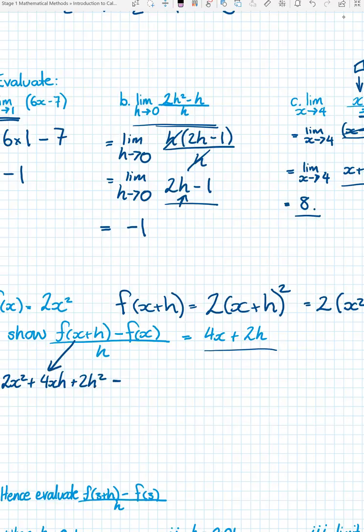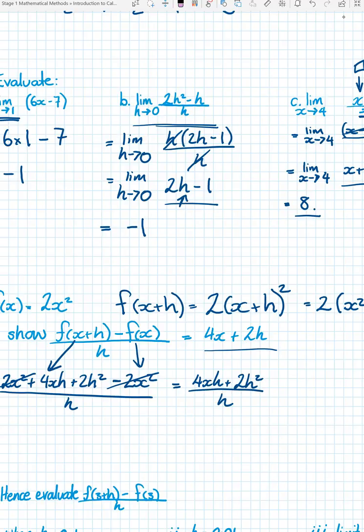minus the function at x, which is 2x squared, divided by h. Now the first thing we do is we try and simplify that top line. So we have a look here, we've got 2x squared and we have minus 2x squared, so they're going to cancel out straight away. And we're left with 4xh plus 2h squared over h.